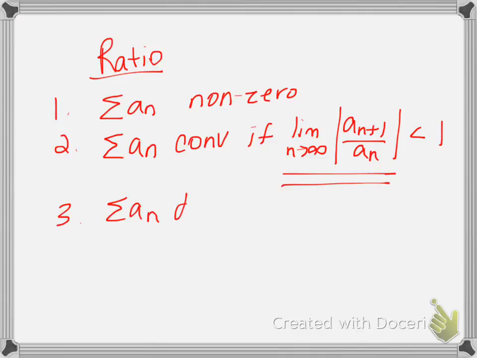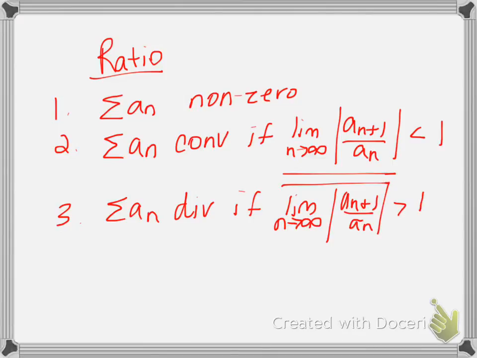It diverges if the same limit is greater than 1 or infinity. I consider infinity to be greater than 1, so it makes sense that it would fit that description.